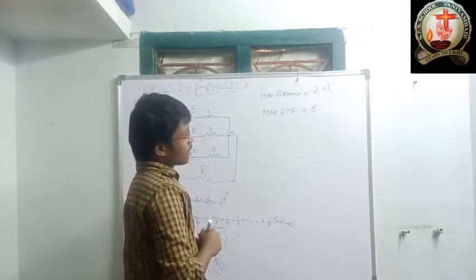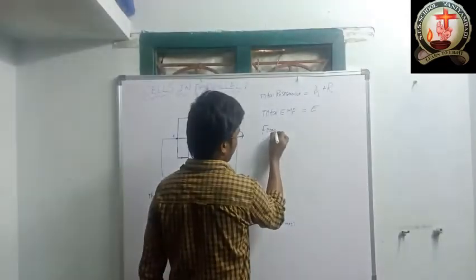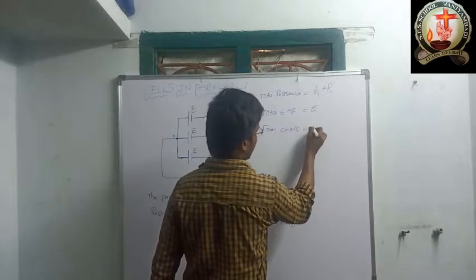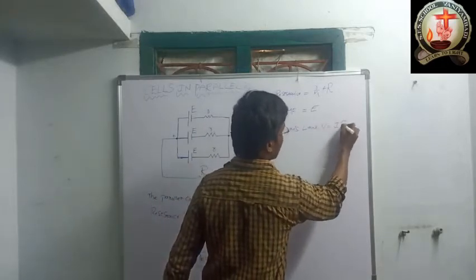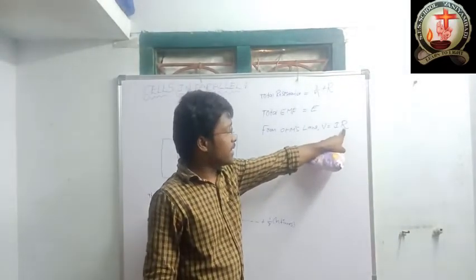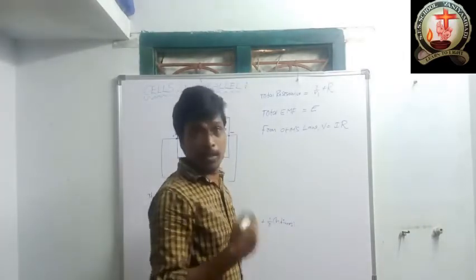Now from Ohm's law, what is Ohm's law? V is equal to I R. Here V is voltage, I is current, R is the resistance, correct? Voltage is nothing but EMF, as I already told in the previous class.